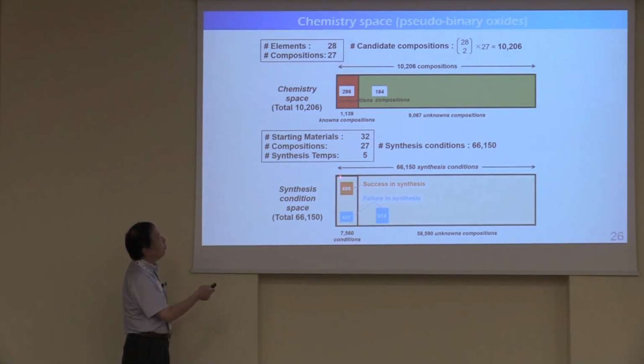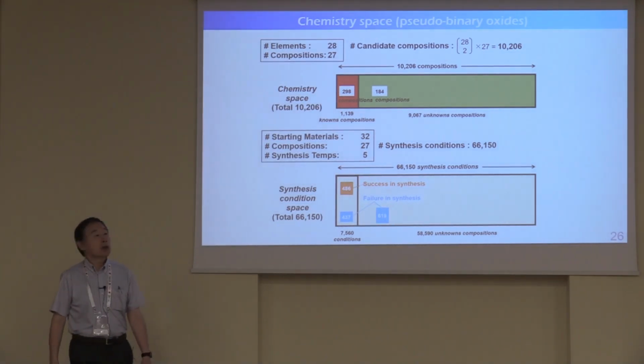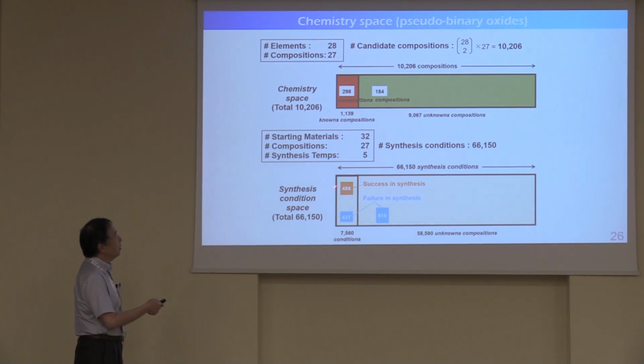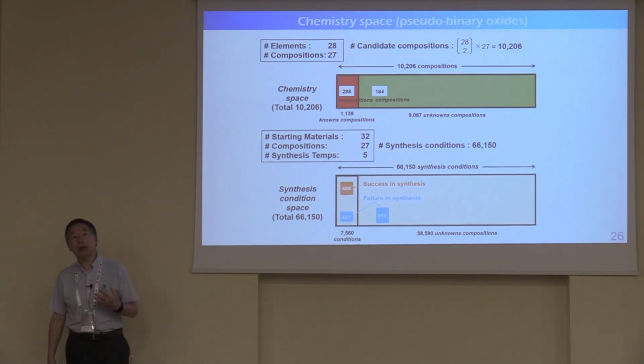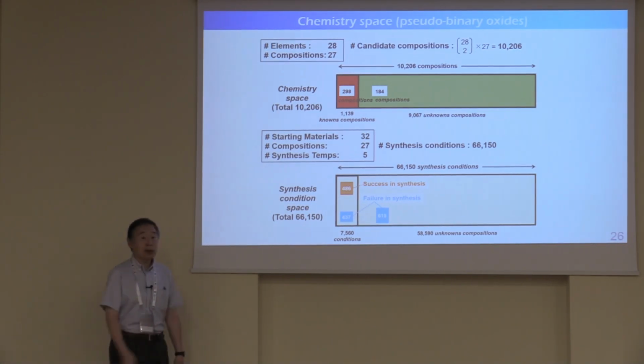And from this zone, although the synthesis condition corresponds to an already known compound, we found that only 50% of them are successful in the synthesis. The rest are failures.